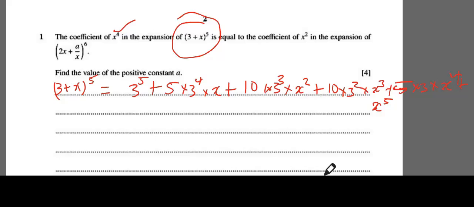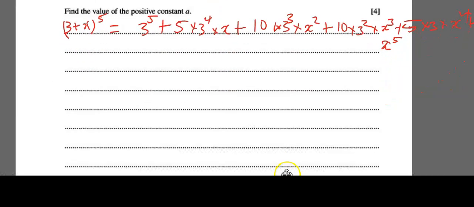If it is 15 and we have 2x plus a divided by x power 6, we are going to have, therefore, 2x plus a divided by x power 6 will be equal to 2x power 6.